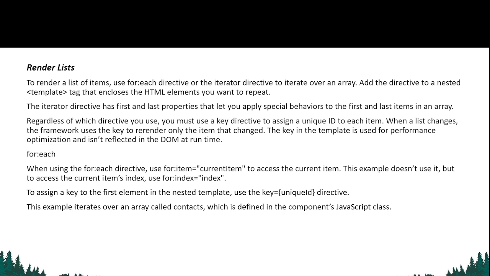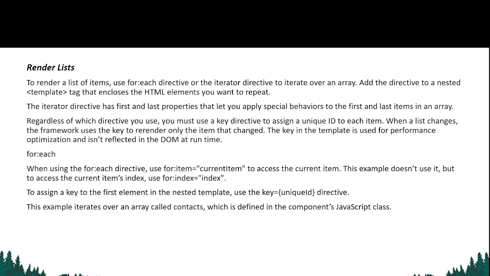We are adding a directive to a nested template tag and then I am enclosing the HTML elements. Then I am using the iterator directive which will get the first and the last property that you have applied earlier in an array.